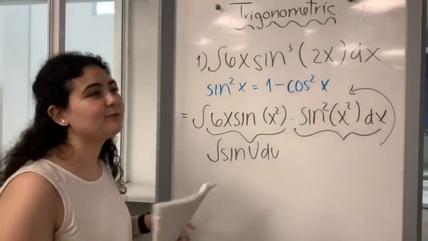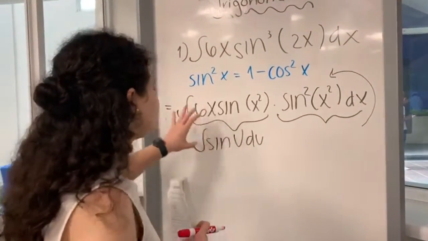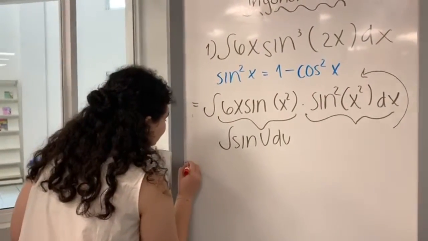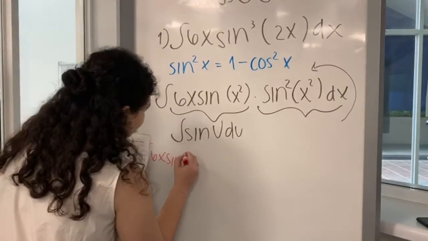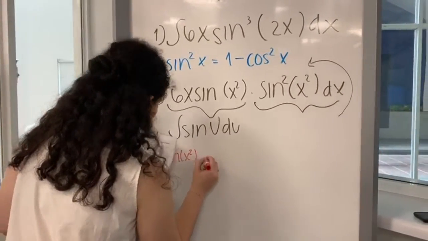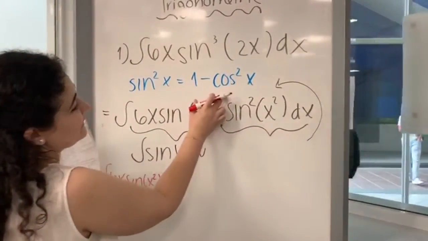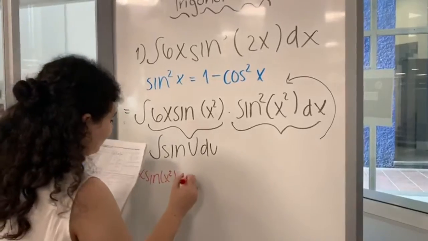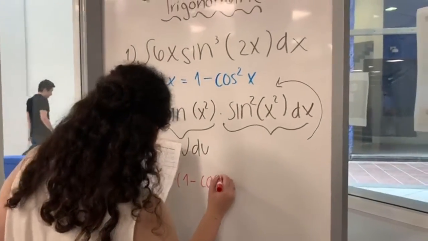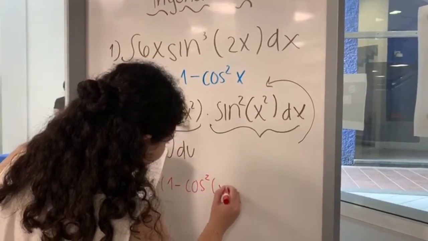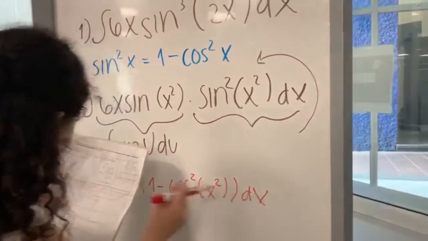Okay, so now that we have identified which of our terms is which, we're just gonna copy this exactly the same, and we're gonna focus on this one. So this, using our identity, is gonna convert into 1 minus cosine squared of x squared dx.